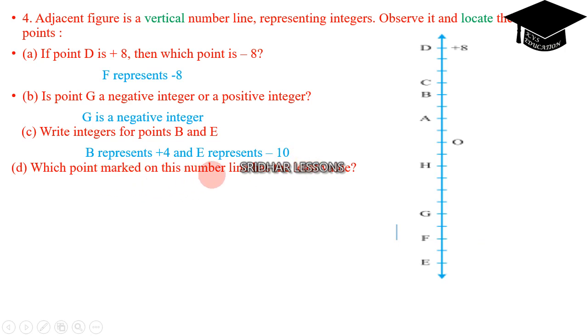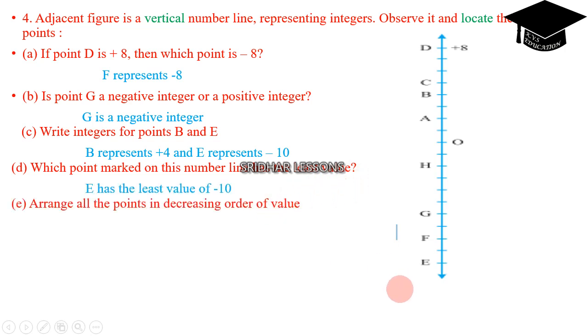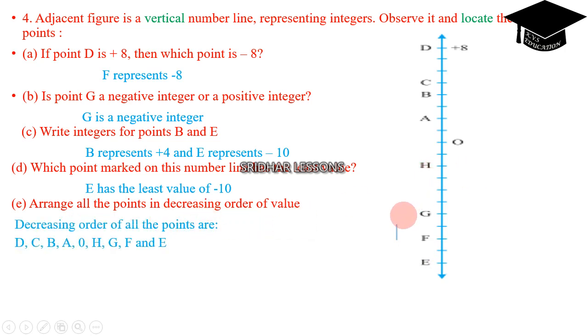Which point marked on this number line has the least value? Tell me. -10 is the least value. Students, don't get confused. 0 is neither positive nor negative. So -10 is the least value. Arrange all the points in the order of decreasing value.